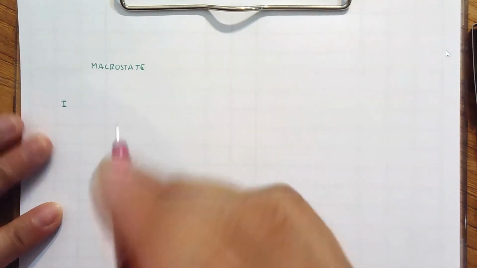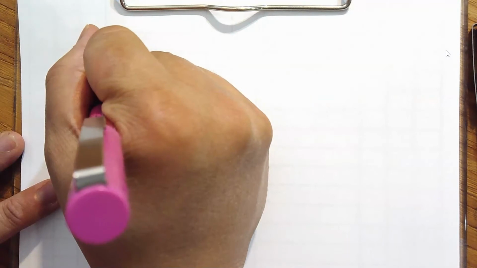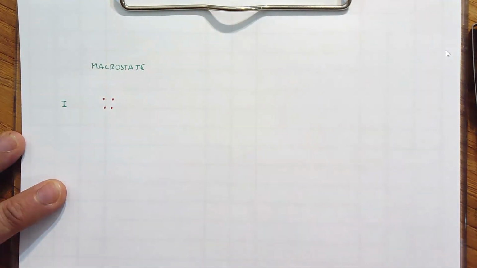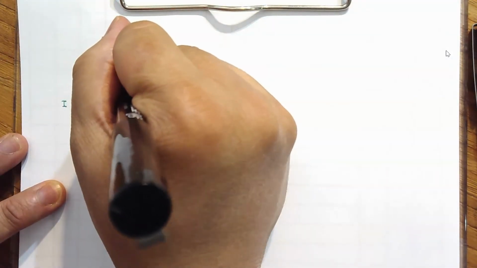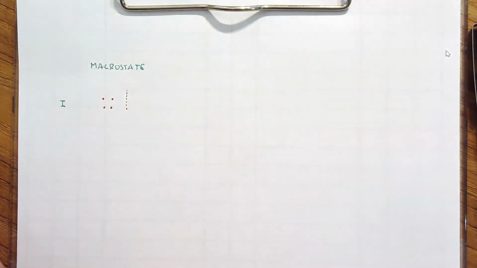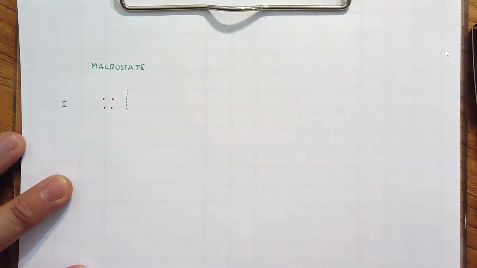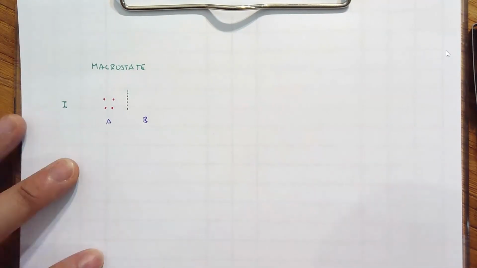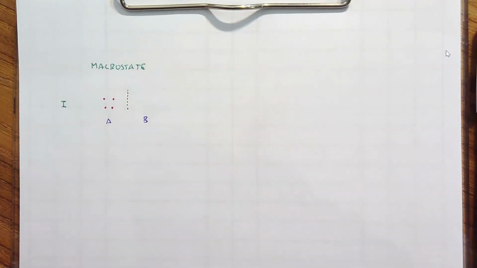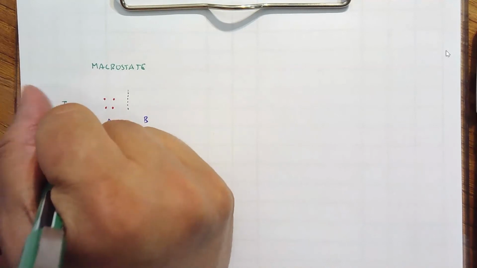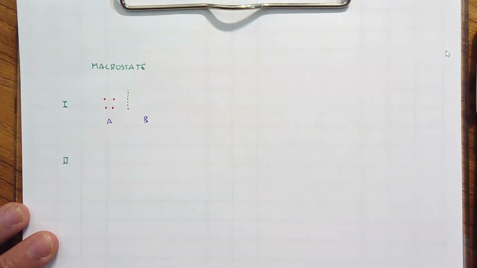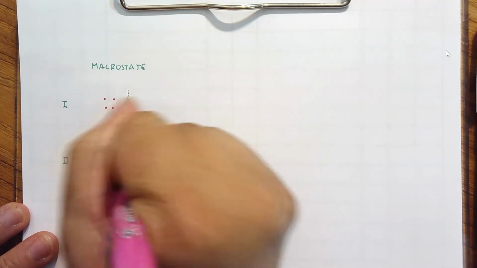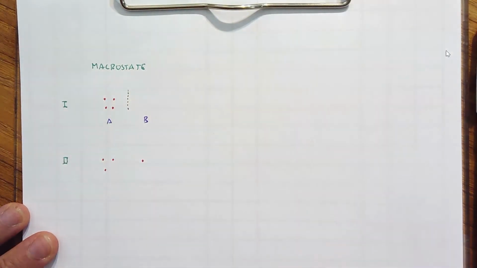Macrostate number 1: all 4 molecules stay on the left. I'm not going to draw the vessels every single time, so I'm just going to put a dotted line separating the 2 cells, A and B. Number 2 is going to be very helpful for us to visualize, because in macrostate number 2, maybe one of them goes to the right.